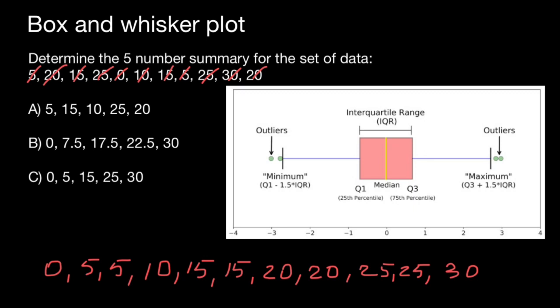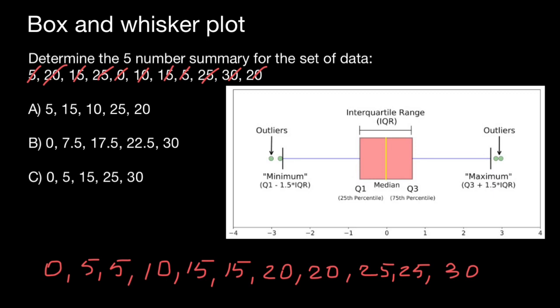So now take a look. We have to define this box, which consists of quartile 1, quartile 3, and the median, which we also call quartile 2. To find the median, we count how many numbers we have: 1, 2, 3, 4, 5, 6, 7, 8, 9, 10, 11.